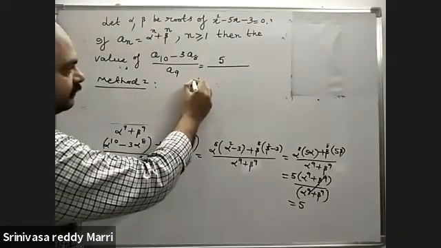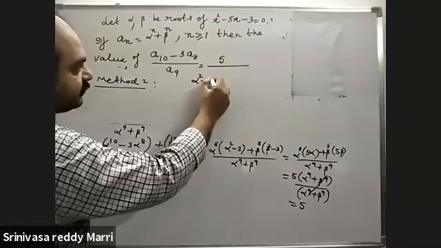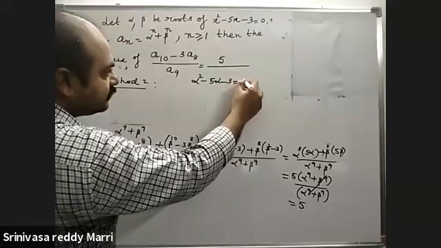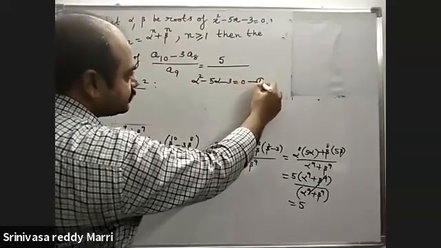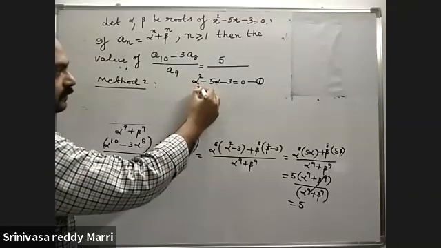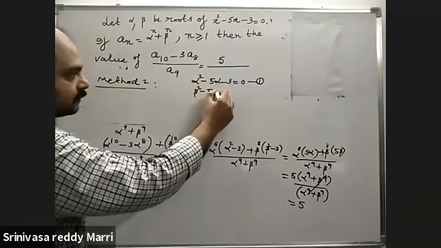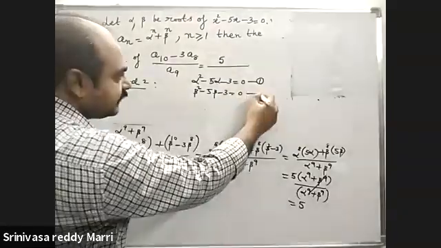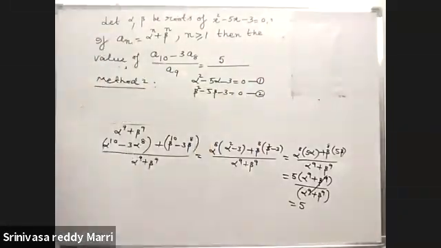In method 2, what we will do is alpha is a root. First equation. Beta is a root. Second equation. Look at.